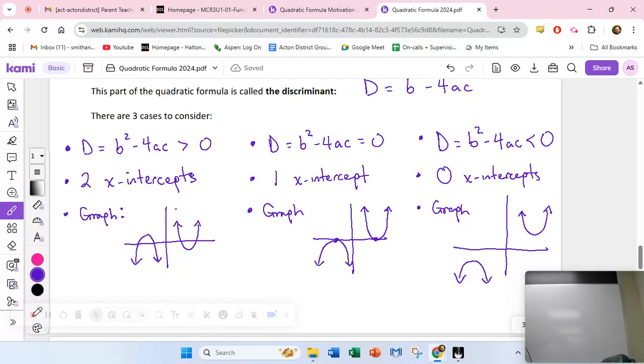You guys now know everything there is to know about the quadratic formula. You know the important bit, the discriminant, or the 2D people have reviewed it, but we're now on the same page. What we need to get to by the end of today, well, the 3 people, is that the quadratic formula needs to be automatic. It needs to be to the point where you almost can turn your brain off.